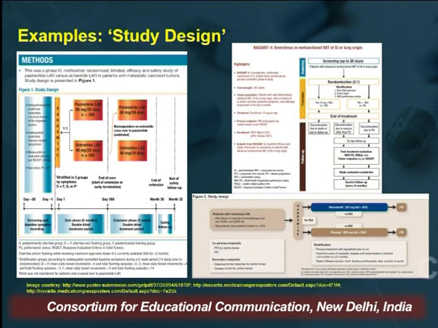What are the outcomes that have been assessed? At each stage, there are 3 different examples described in the slide, where you can get an idea how to present your study design in a very interactive manner.